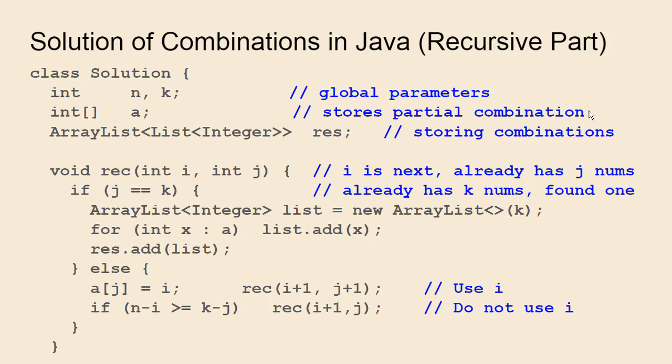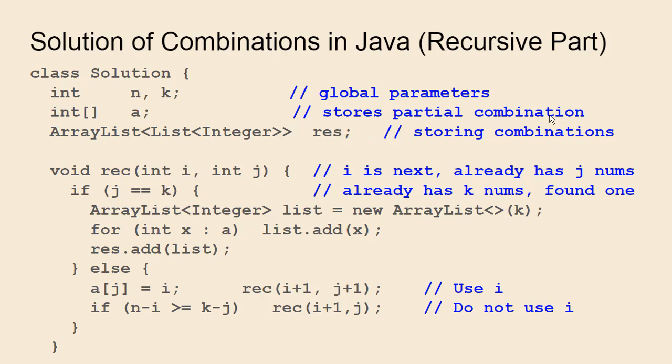When the array already has k numbers, then we find one combination. Then we store that, and then we go on to look for the next one. RES stands for result. This is the variable that will store all the combinations.